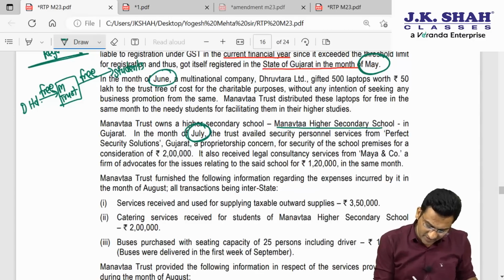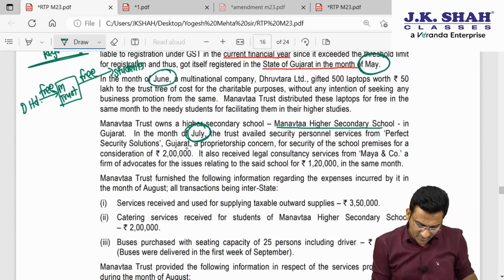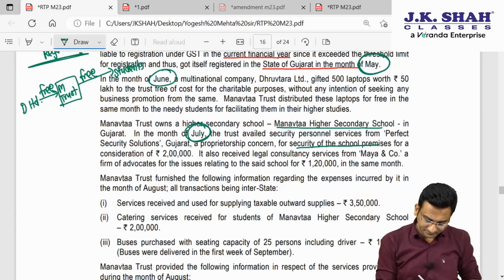So for the Manavta Trust, it is inward supply. In the month of July, the trust availed security personnel services from Perfect Security Solutions Gujarat, a proprietorship concern, for security of the school premises for a consideration of rupees 2 lakh.